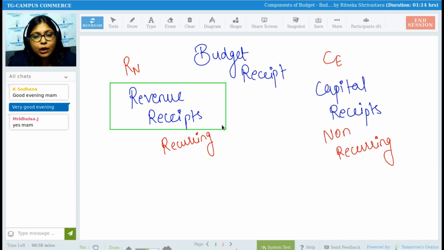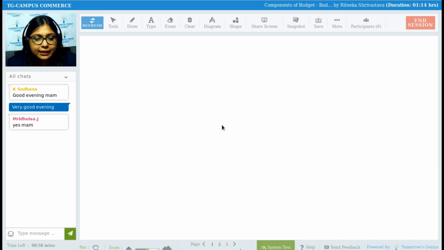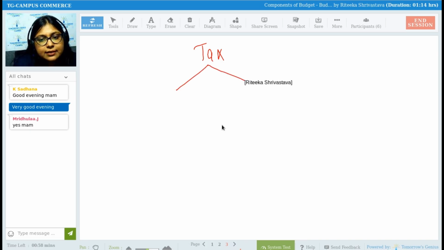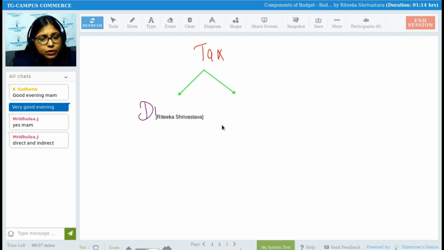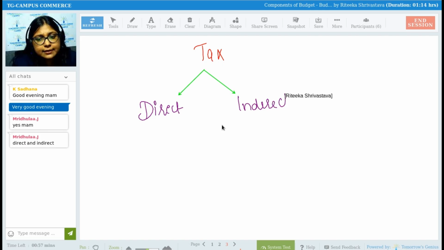Then taxes were of two types. I had said that taxes are of two types. Do you all remember what are the two different types of taxes? Can anybody tell me? Quickly, quickly. Yes, very good. Direct tax and indirect tax.